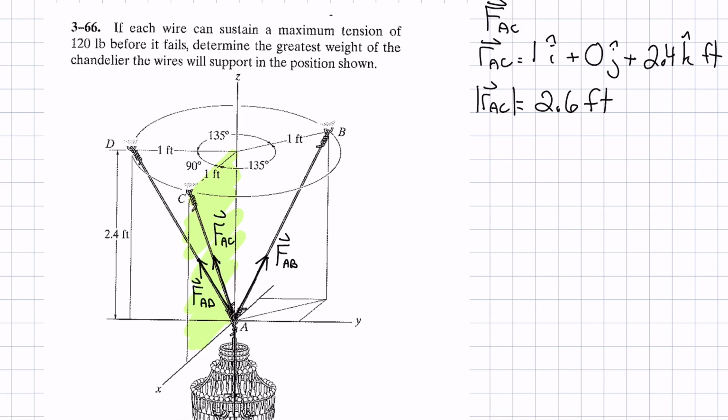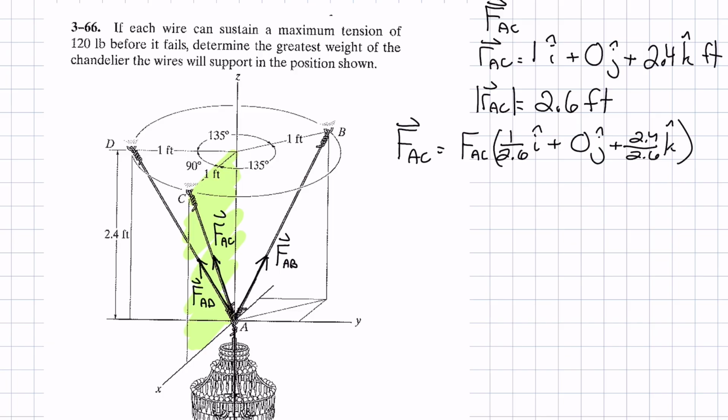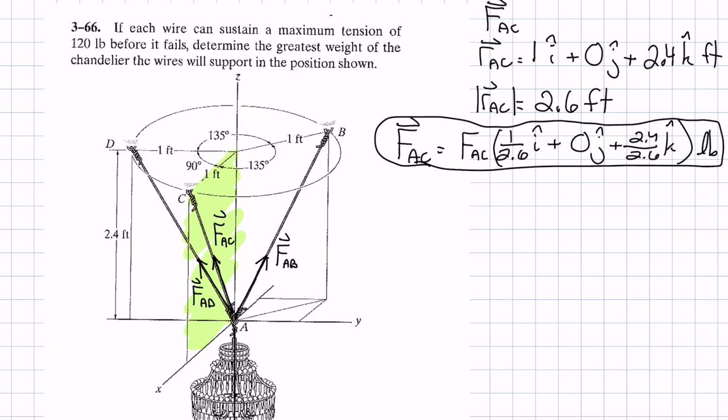Now we can determine the actual force vector in symbols by using this position vector. So FAC is going to equal the unknown magnitude FAC, which I'll use in symbols because we don't know it. The I component will be 1 over 2.6, the Y component will be 0, and the Z component will be 2.4 over 2.6. I'm just going to circle it so that we can use it a bit later.